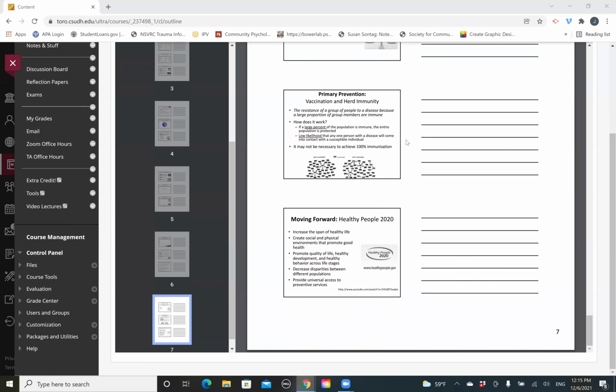So we know these numbers a little bit more now, right? You don't have to have 100% immunization to reach herd immunity. What percent is herd immunity for COVID? For COVID, I think it's up in the 90%.